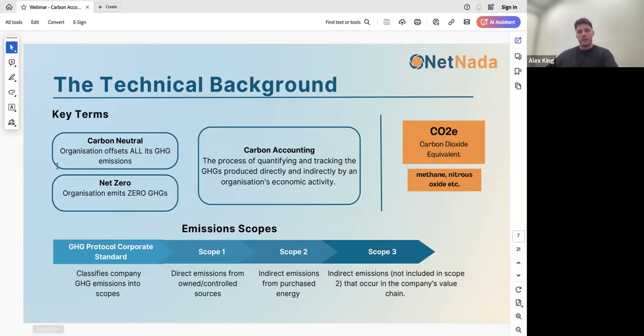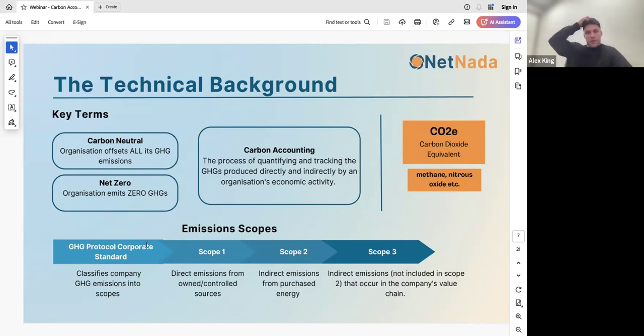Carbon neutral refers to the process of calculating carbon emissions and then offsetting them with an equal amount of carbon offsets or carbon credits, as we'll explain in a second. And then you're reaching a level of neutrality. What you emit is offset by purchases, or you reduce, there are different criteria, but generally 90% of your carbon emissions.